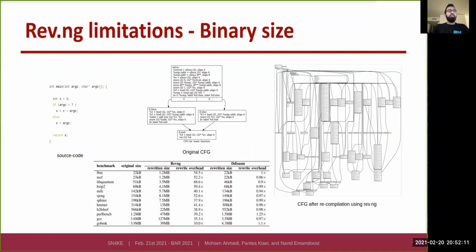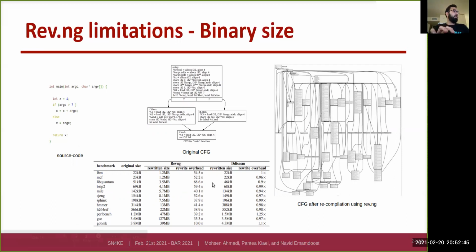But the limitations of Revenge: we couldn't finish all of the tests for Revenge because of 2 main reasons. The first one is the generated binary size. As you can see, just for this simple program on the left-hand side, this is the original CFG. When we try to recompile it using Revenge, here is the CFG generated, where the translator for Revenge adds a bunch of cumulative related functions to the control flow.